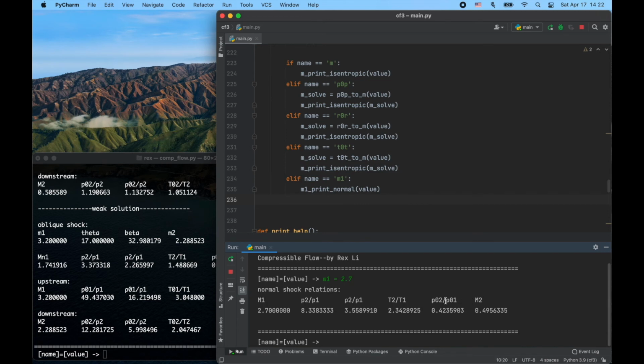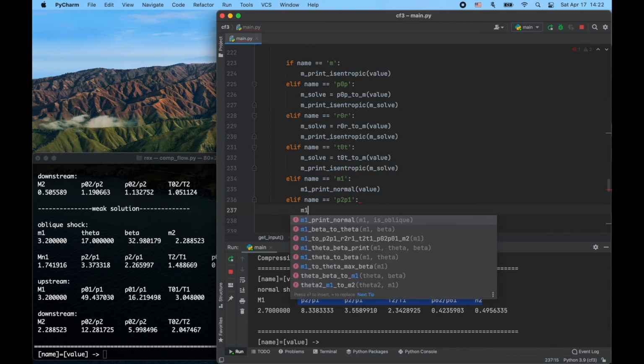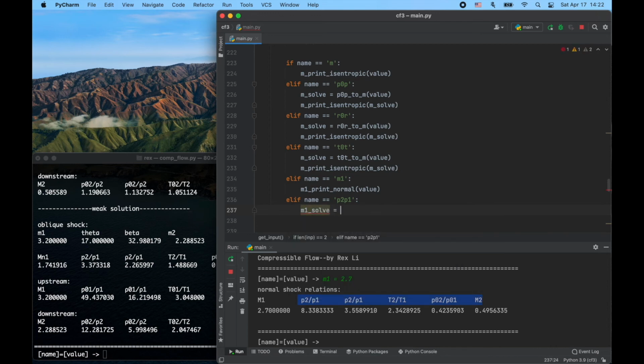And if the name is these things, for example, P2/P1, we are going to first solve M1. And this is going to be using the inverse function, the lambda function, x, M1 of x, with x as the input, and we only take the first value, so 0.